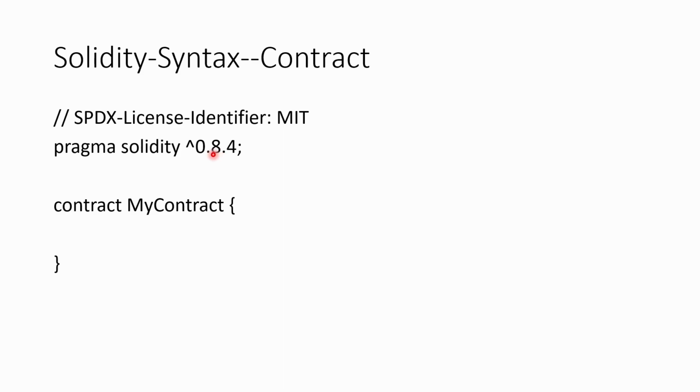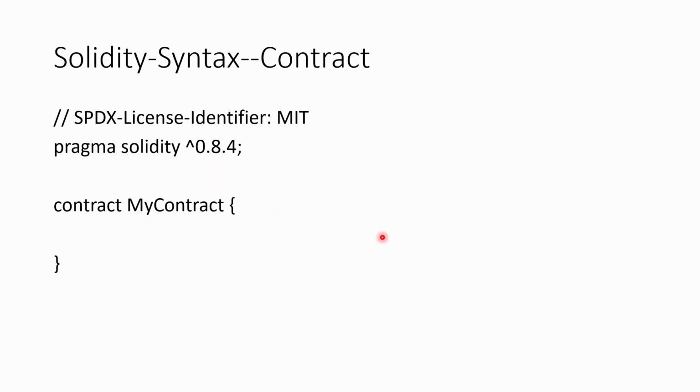If you avoid this caret, the compiler has to be exactly 0.8.4. So that's the meaning of this pragma directive. We will cover it later when we delve deep into the Solidity parts. But for the purpose of understanding this code, the meaning of this line is any version from 0.8.4 up to but less than 0.9 is acceptable.